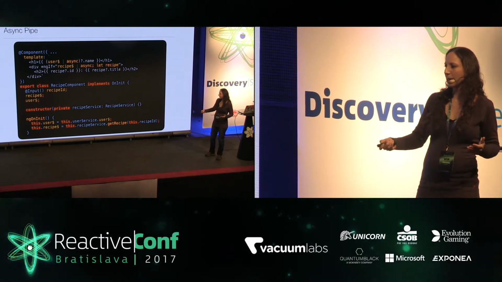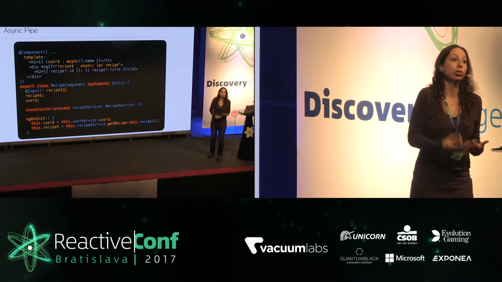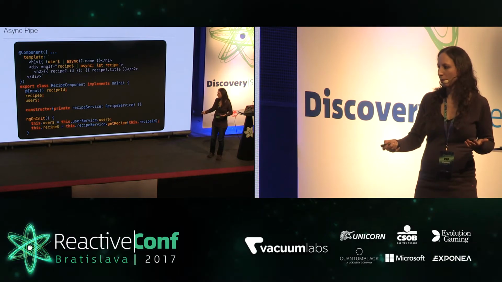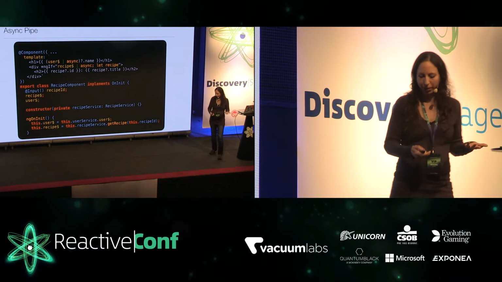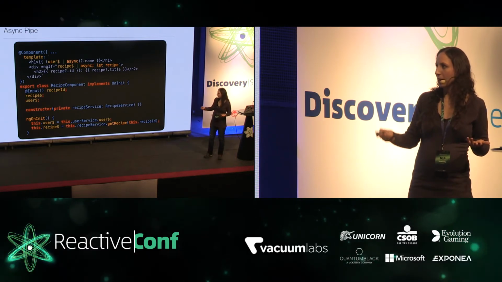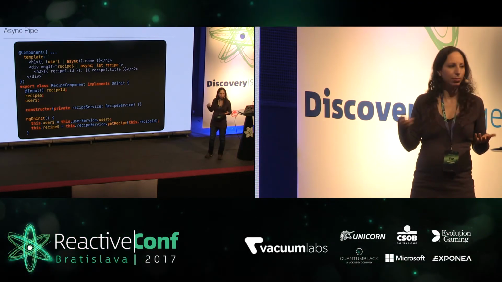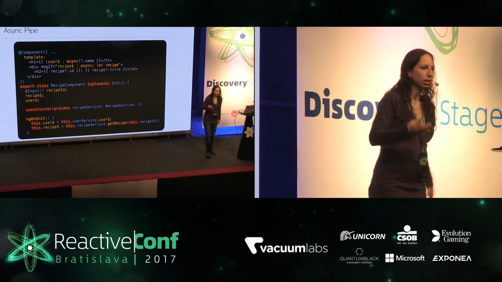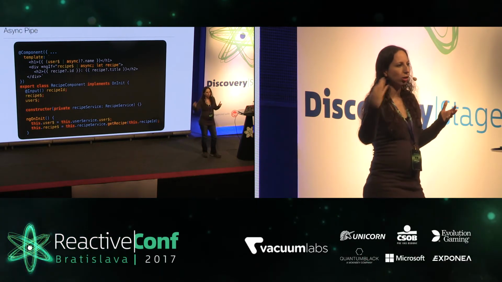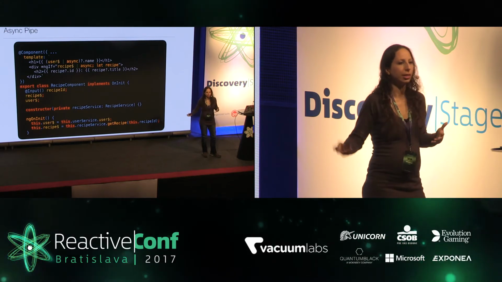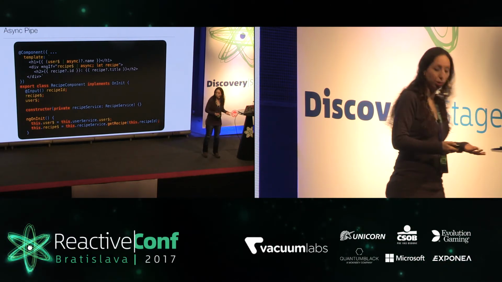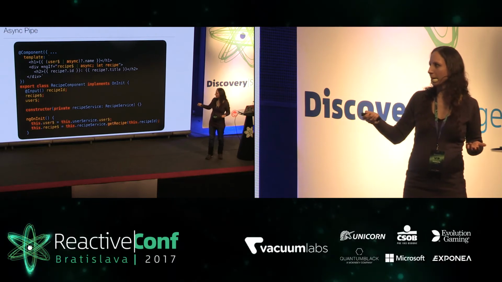But every time here, you get a new observable into this recipe. You get a reference to a different observable. And that's okay, because the async pipe also deals with that. When it sees that the old observable is not referenced anymore, it unsubscribes from it and subscribes to the new one.